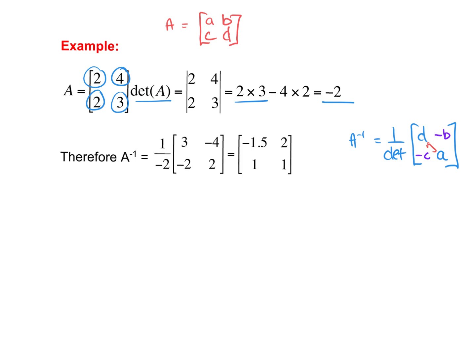So you can see here, the 2 and the 3 got swapped around and the 4 and the 2 became negative. And then what they did is they multiplied it out.